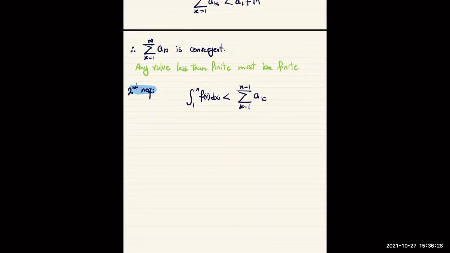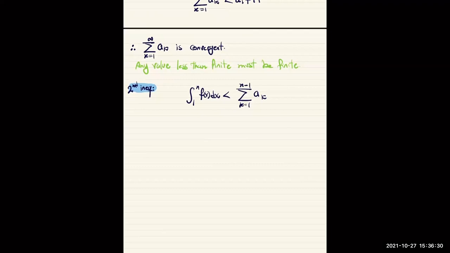Okay, so once more, apply the limit. We'll do the limit of the integral, and that is going to be less than the limit of that partial sum.